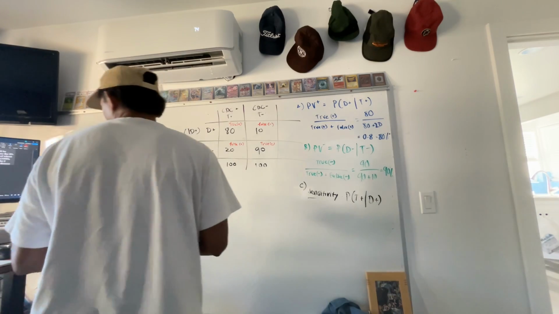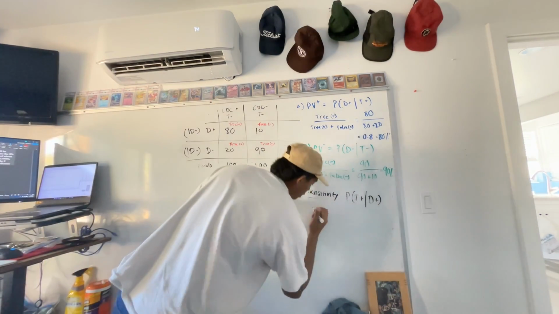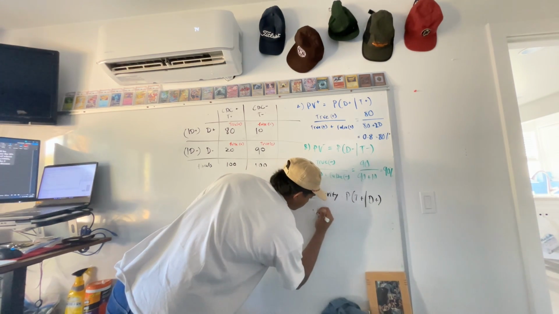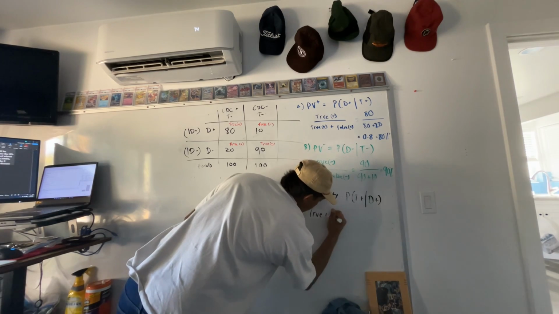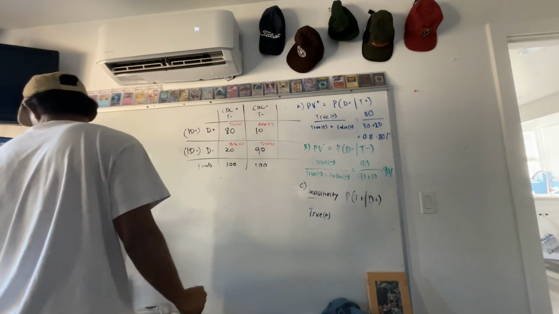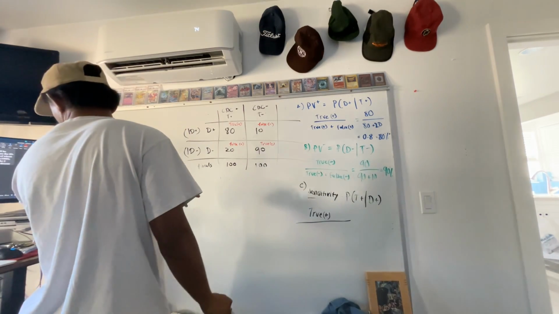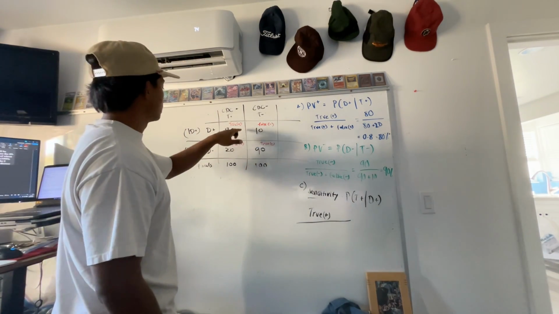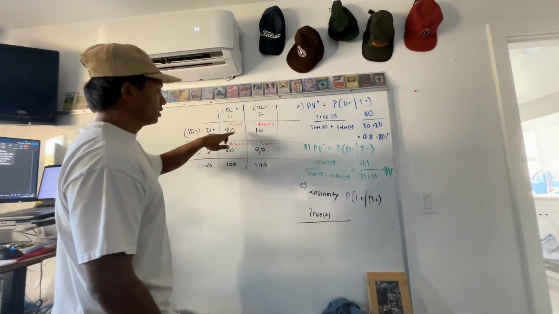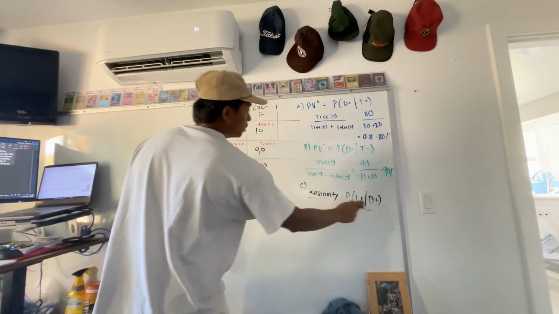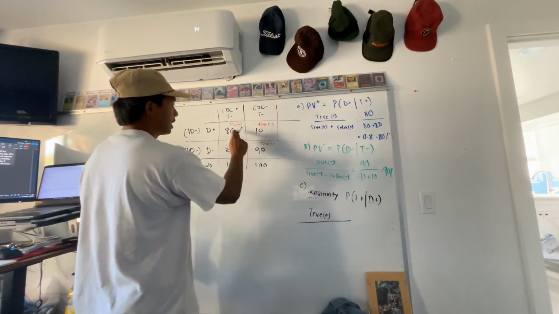Okay, so when we're doing that, we want to look at all of those who are true positive, over all of those that are actually disease positive. So out of all of those that are disease positive, what's the probability that we test them correctly?